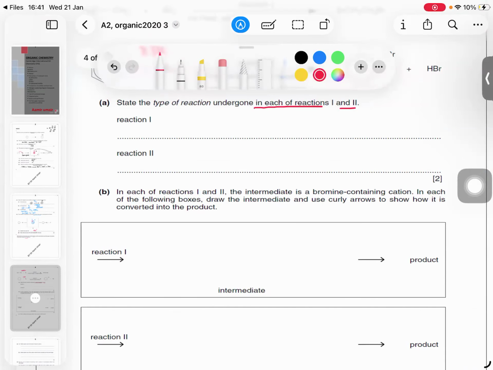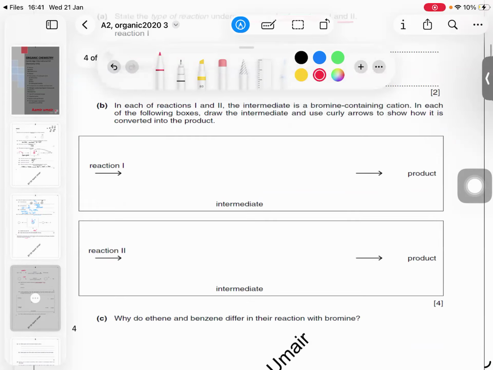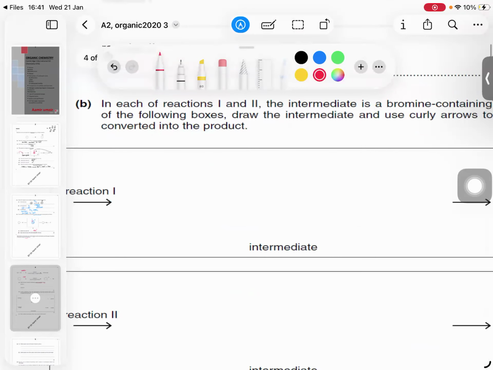In each of the following boxes, draw the intermediate and use curly arrows to show how it is converted into this. So in reaction 1, if you remember, I'll just take you to the AS. The ethene molecule, when the bromine comes in, it is polarized. As a result, this is partial positive, this is partial negative, and this electron pair that is used to make the bond between carbon-carbon is now offered to the bromine.